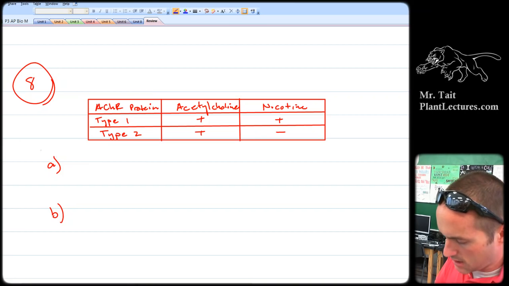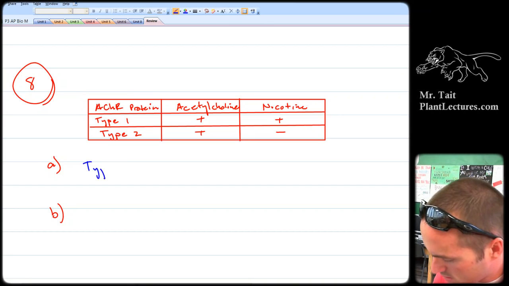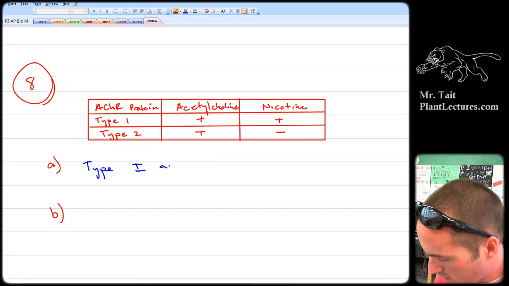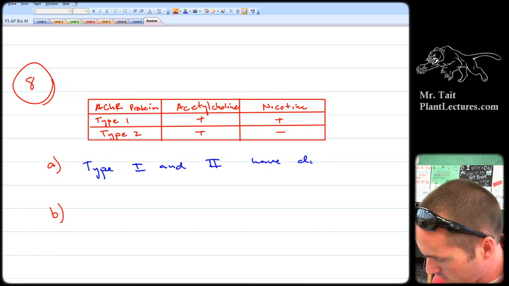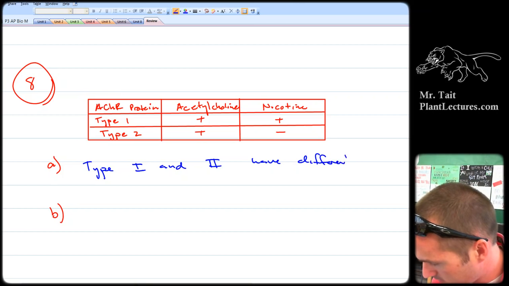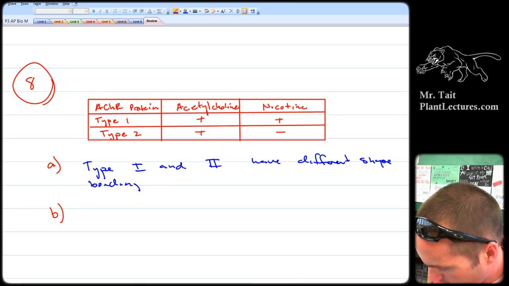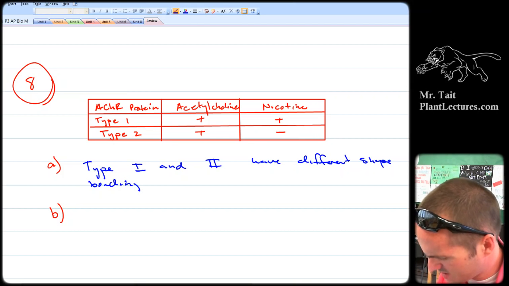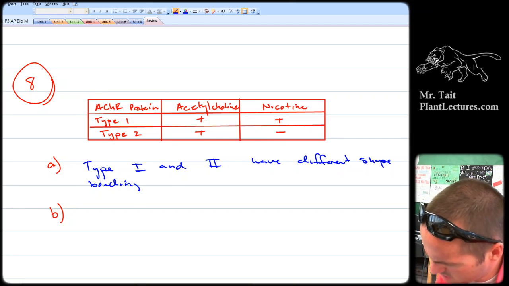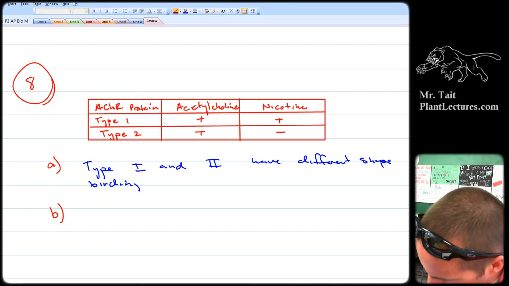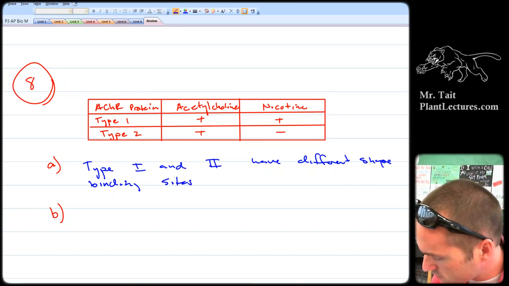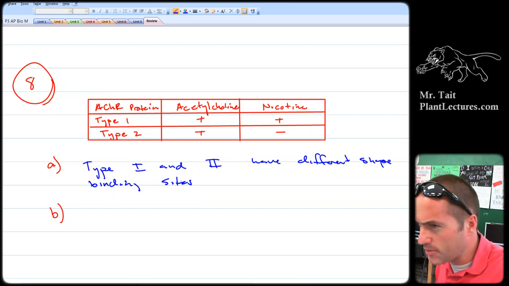Right, so we can say type 1 and 2 have different shape binding sites. I think it says binding. Yeah, so we should say binding sites. You could have said active sites here, probably, that would have been fine.